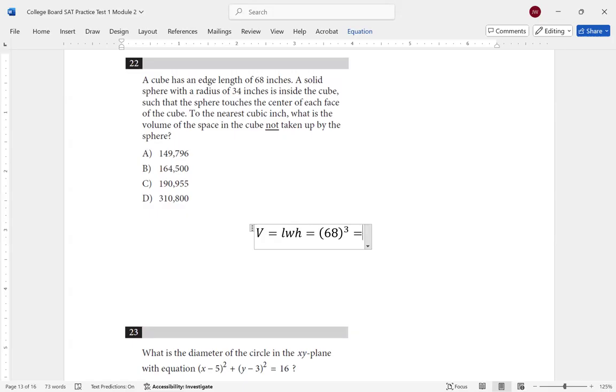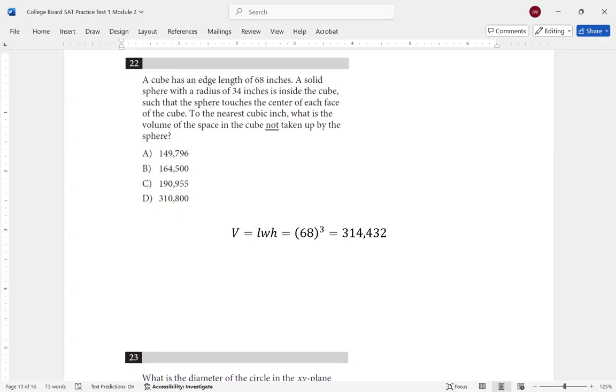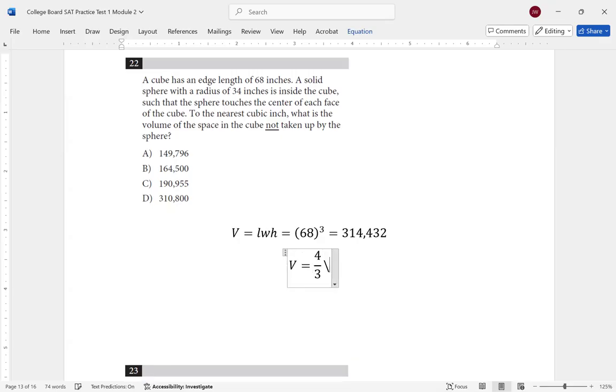Now, if you want to do the calculations right now, you can. That's 314,432. And then the volume of the sphere is 4/3 times pi times the radius cubed.